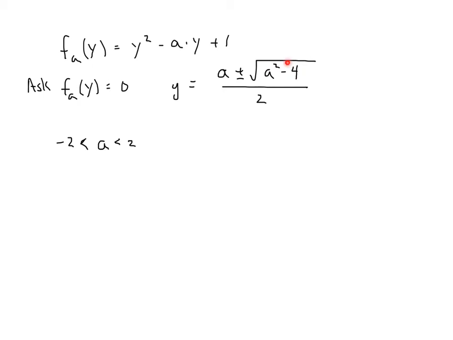Under the square root sign, this will always be negative. So I will have no real solutions, and so no equilibrium points.